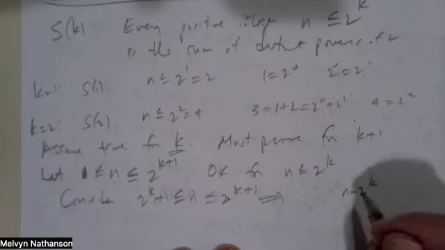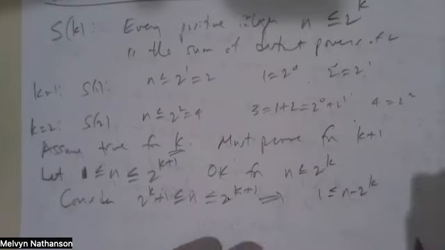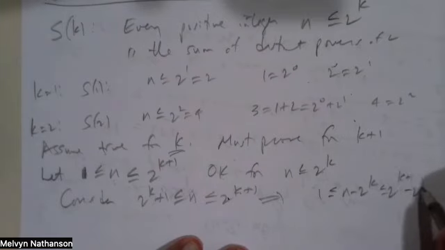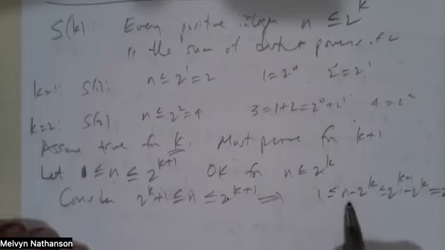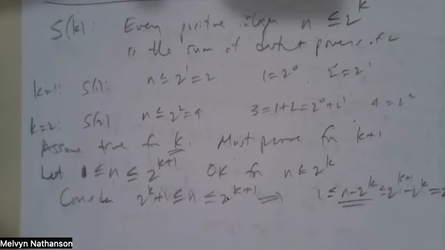So n minus 2 to the k is greater than or equal to 1, and less than or equal to 2 to the k plus 1 minus 2 to the k. But 2 to the k plus 1 is 2 times 2 to the k. And 2 times 2 to the k minus 2 to the k is 2 to the k. So this number n minus 2 to the k is less than or equal to 2 to the k.